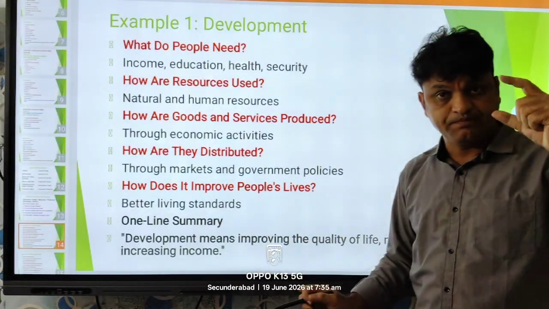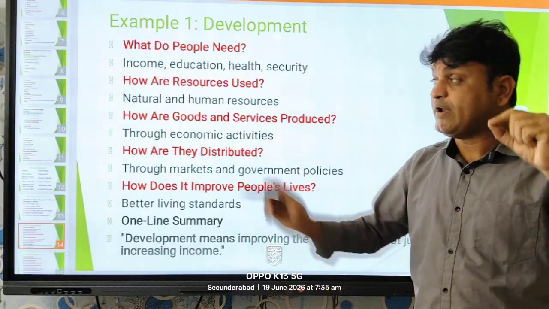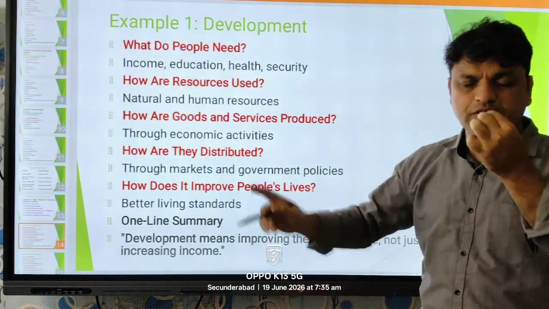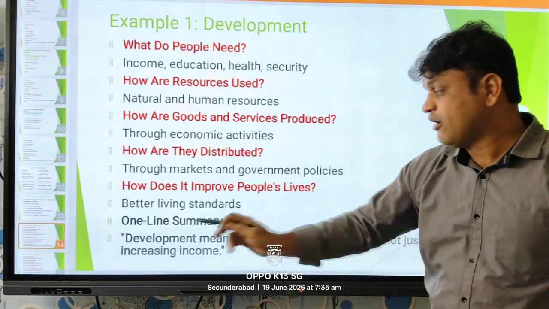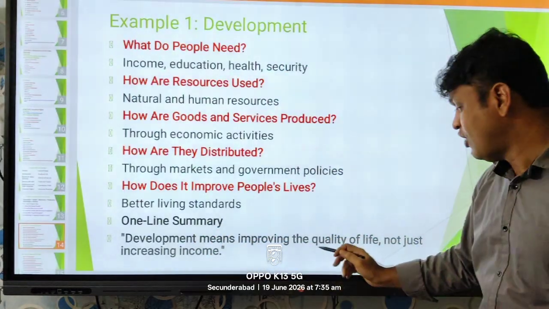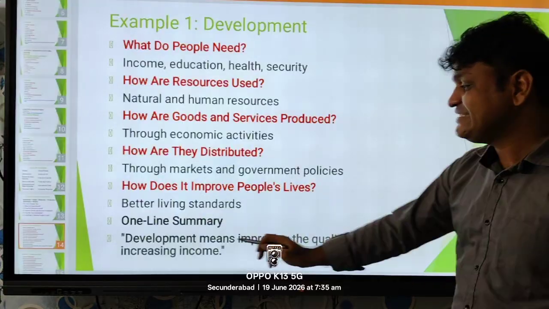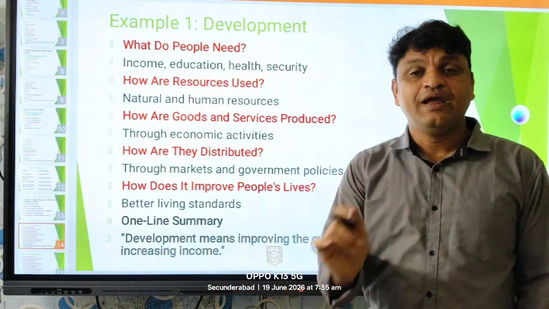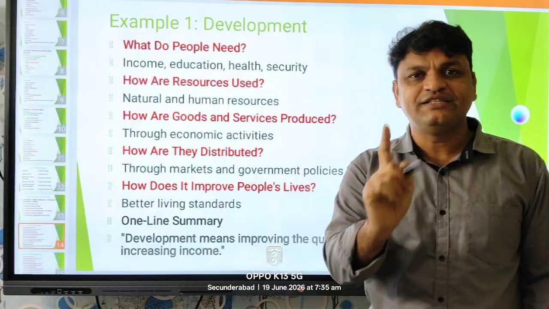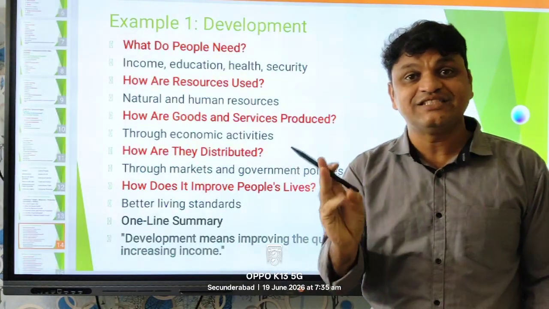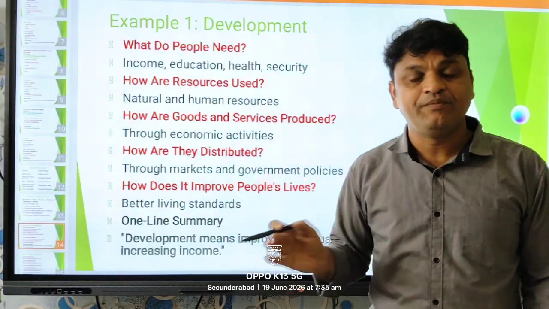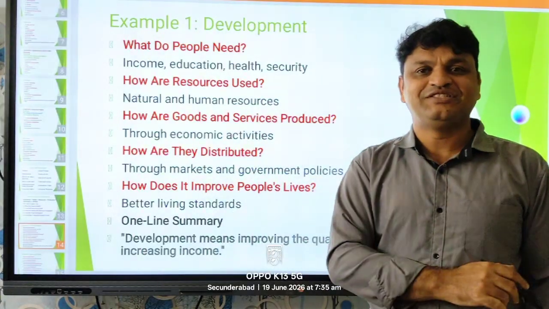I told you when I discussed the first chapter in the first slide, what is development? Development means improving the quality of life, not just increasing income. If you take income as the criterion, that is called unidimensional. But if you take income, health, education, standard, security, freedom, equal treatment, it is multidimensional.